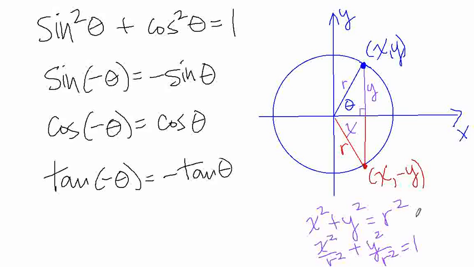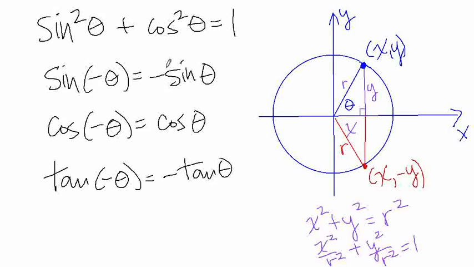Now, we know that the definition of sine of an angle is related to the y-coordinate. So the reason that the second identity is true is because the y-coordinates differ by a negative sign. That's why the sine values on both sides of the second identity differ by a minus sign.